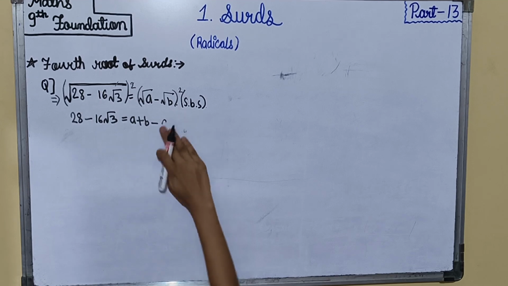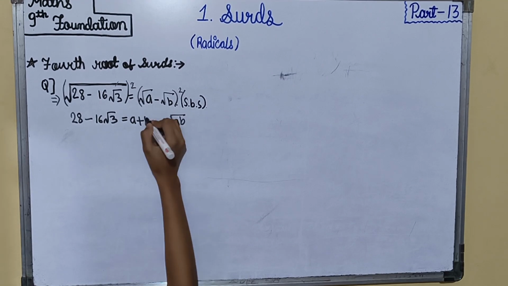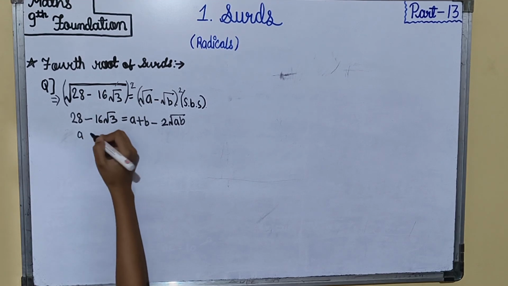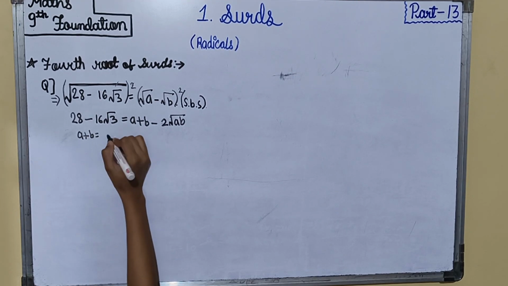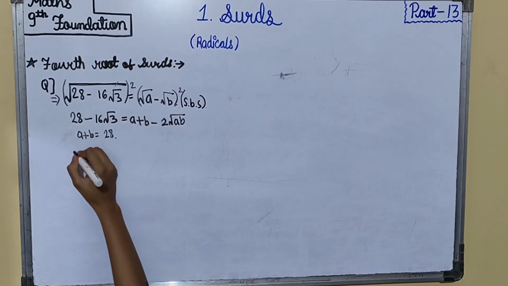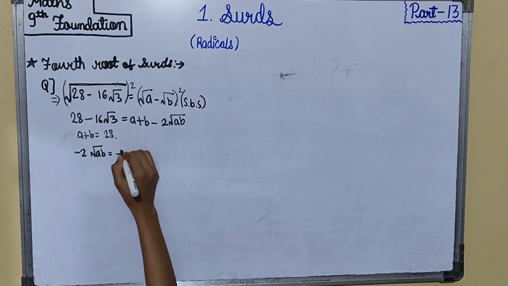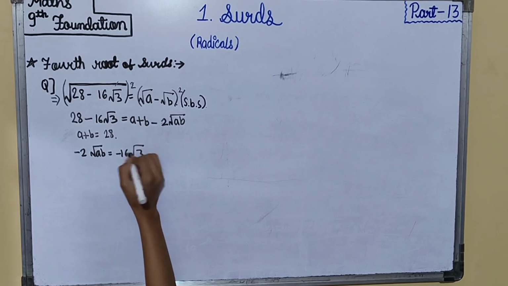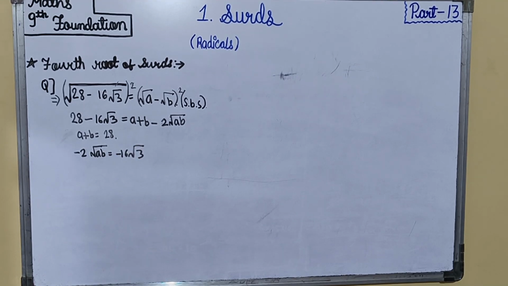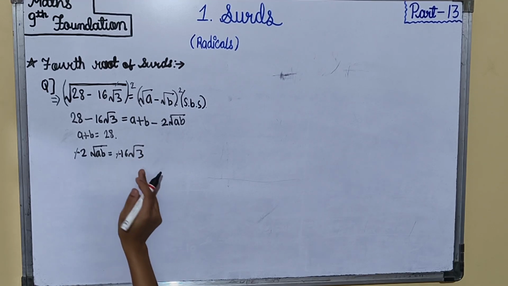Now this a plus b is rational and 28 is also rational. So a plus b is equal to 28. And minus 2 root ab is irrational and minus 16 root 3 is also irrational. So we will take it equal.